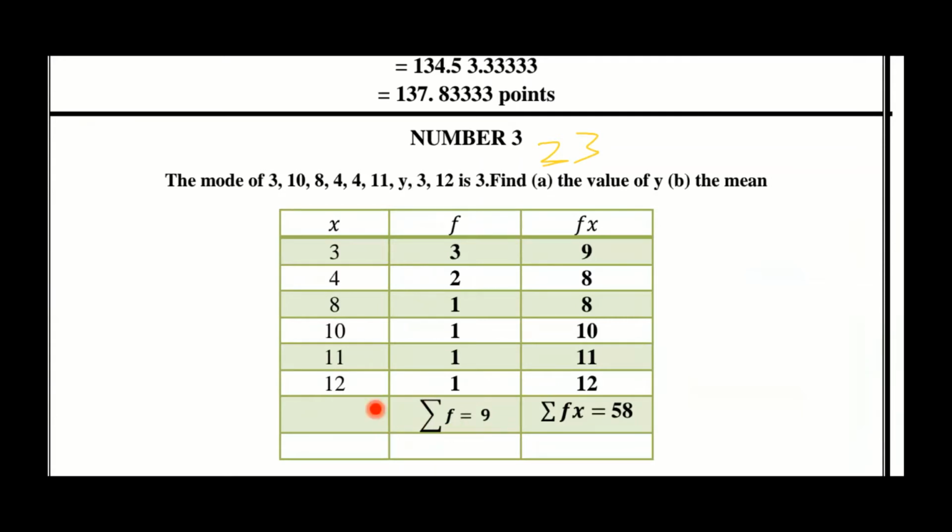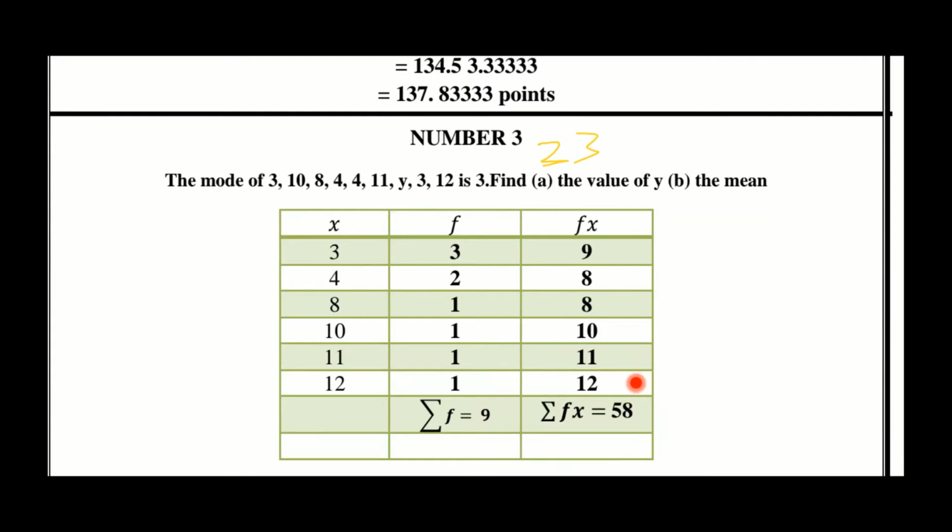Then I'll have fx. Remember, mean is equal to summation fx divided by summation f. That's why I should find fx in my frequency table, the product of f and x. So 3 times 3, I'll have 9; 4 times 2, 8; 8 times 1, 8; 10 times 1, 10; 11 times 1, 11; and 12 times 1, 12.